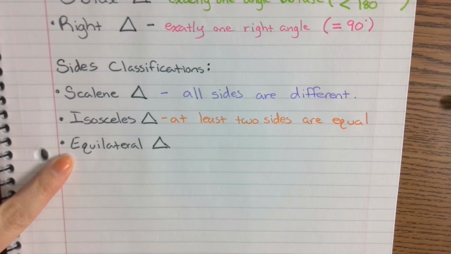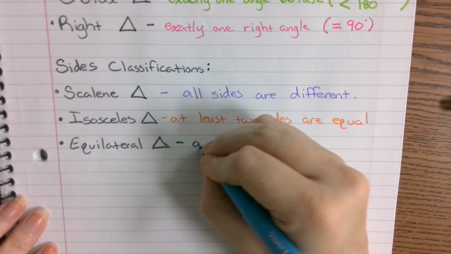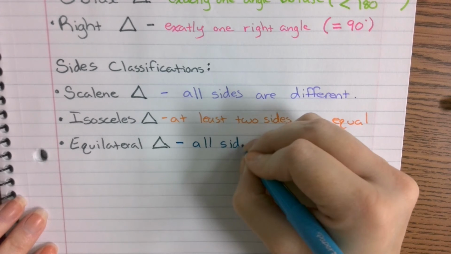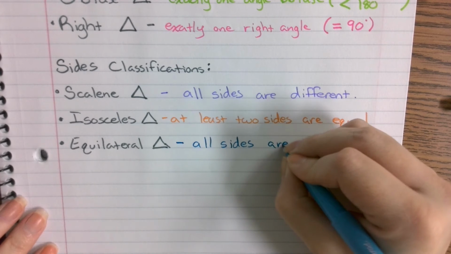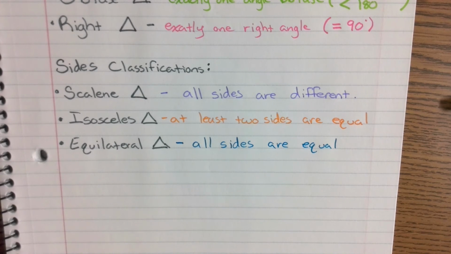And then speaking of equal, when we're talking about equilateral, all sides are equal. With an equilateral, all sides are equal, which means all angles are equal as well. So let's look at a couple of examples.